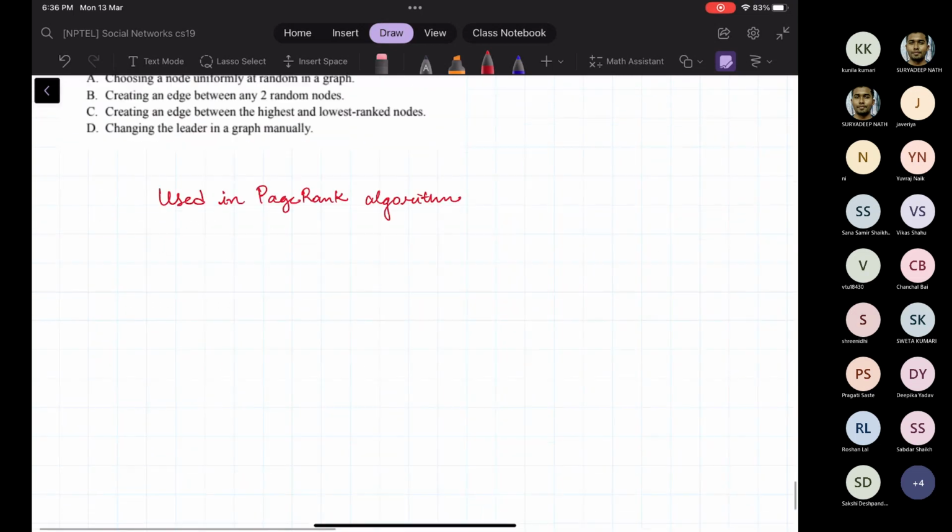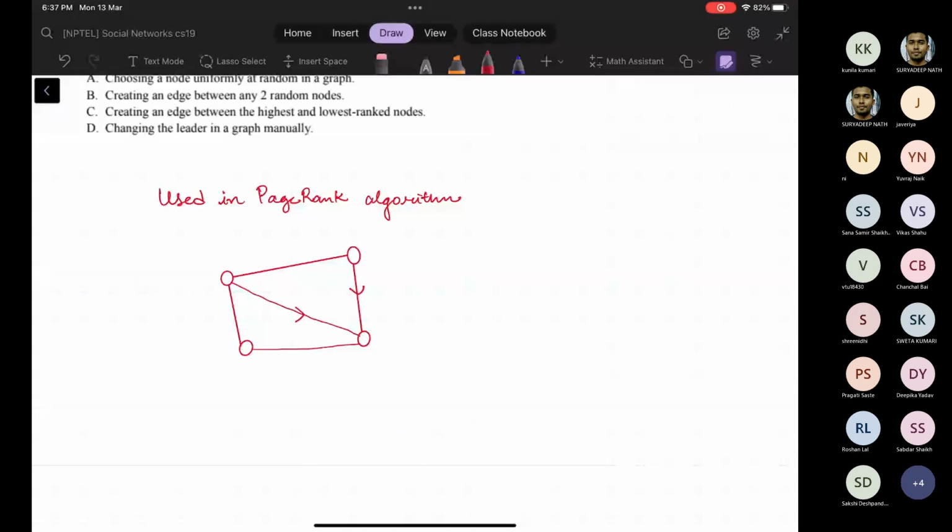So let's say you have a network like this. If you consider this particular node, it has three in-links but no outlink.